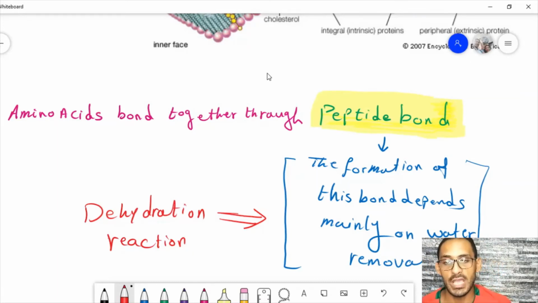This is a dehydration reaction, and I'm going to link the talk about carbohydrates, about how the monosaccharides link together and how the water molecule is removed. You'll find it in the description. If you are interested, go take a look.